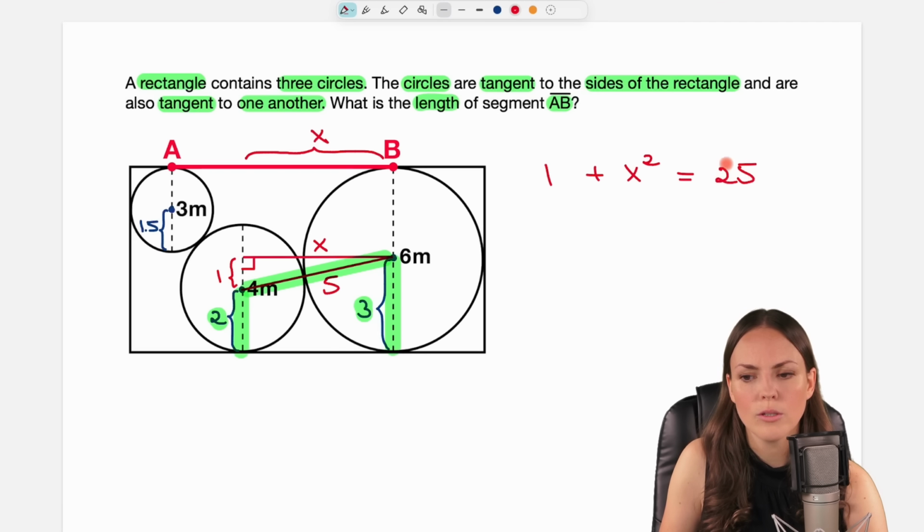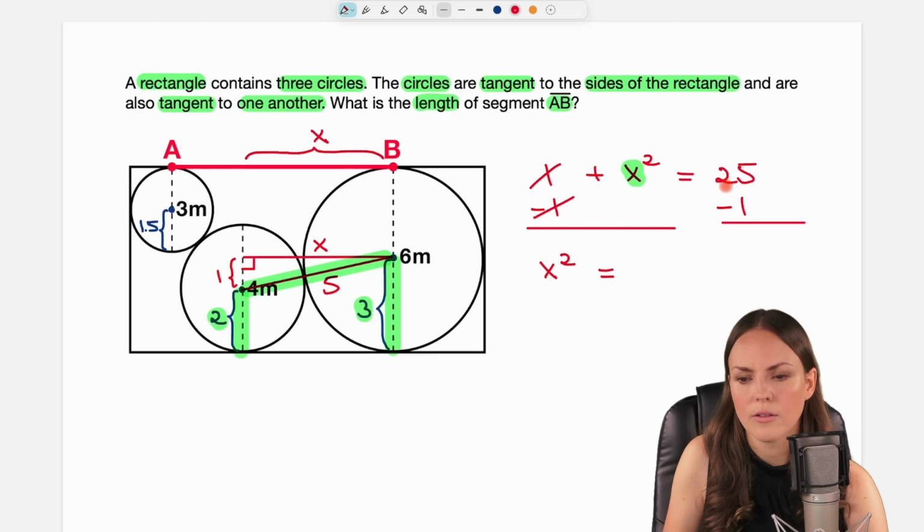25. And if we want to solve this equation for x now, let's bring the 1 to the other side by subtracting 1 on both sides of the equation. This is equal to 0, so we only have x squared left here. And on the other side, 25 minus 1 is equal to 24.